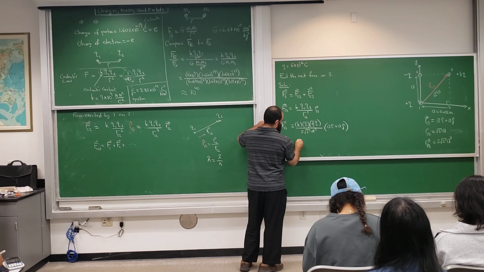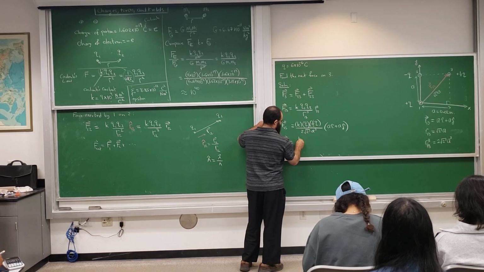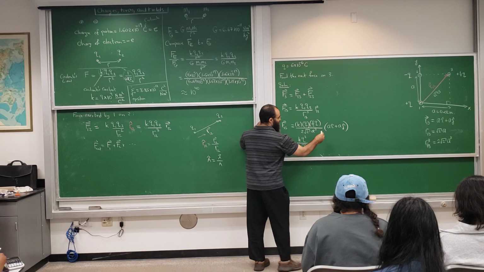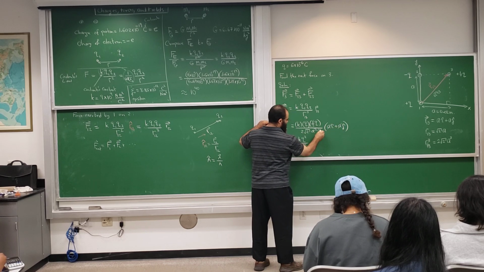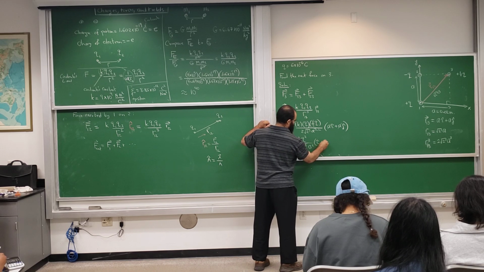So the 2 comes down, and you get K Q squared over 4 root 2. We can factor the A's here and make this a 2. You get A squared, and then i hat plus j hat.